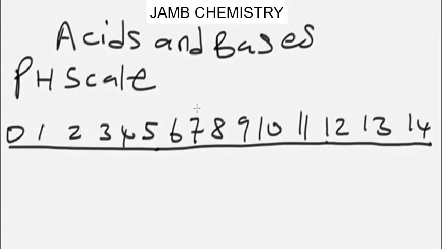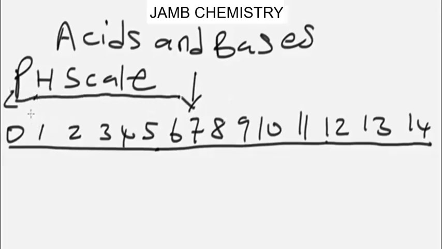Now this is the neutral point. A pH of 7 shows that the solution is neutral. It's neither acidic nor alkaline. If we are proceeding from 6 to 0, this shows that the solution is acidic.